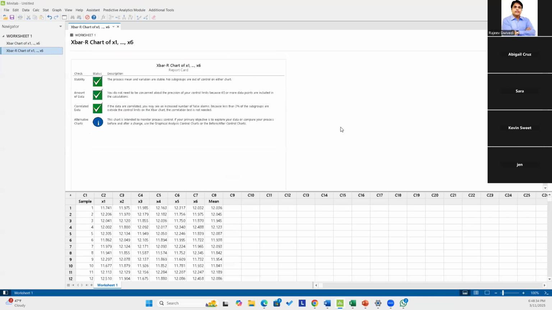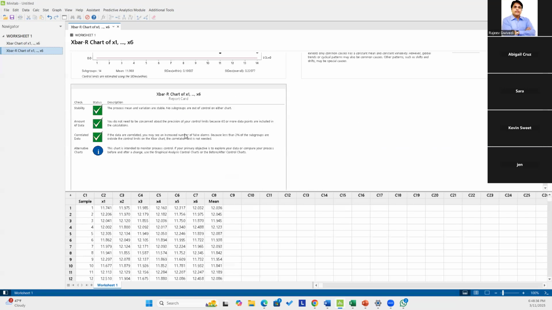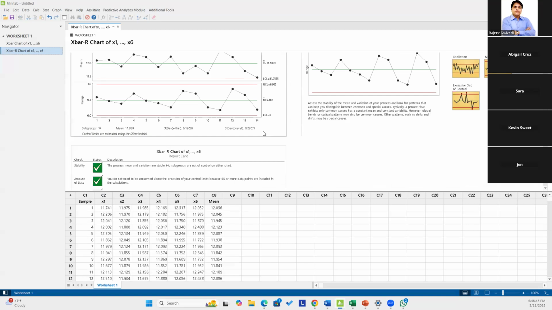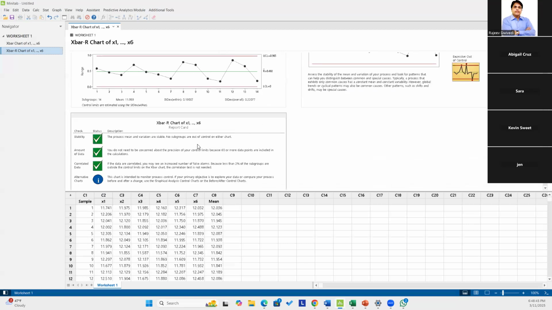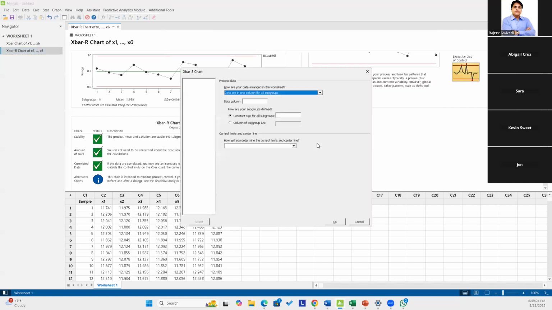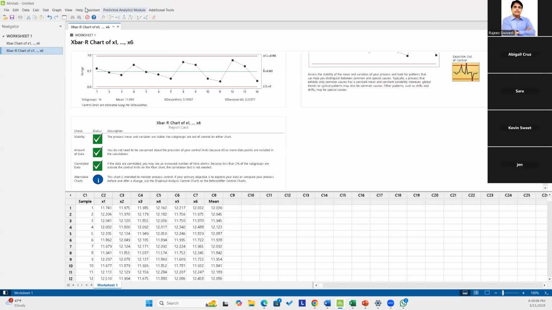So you can also read whether it is in control, though I am not able to see the 1 sigma, 2 sigma or 3 sigma. Basically, I just keep it to basic level, basic charts: X, R, and P. This is one of the best options under control charts, and you can decide which situation applies.